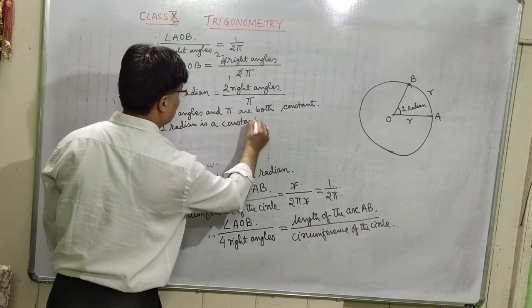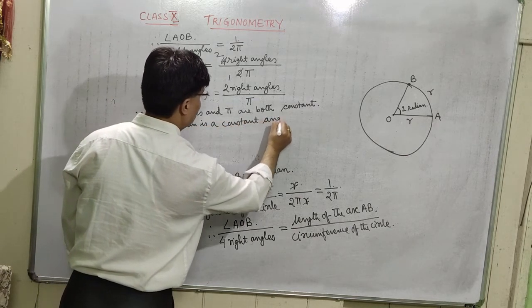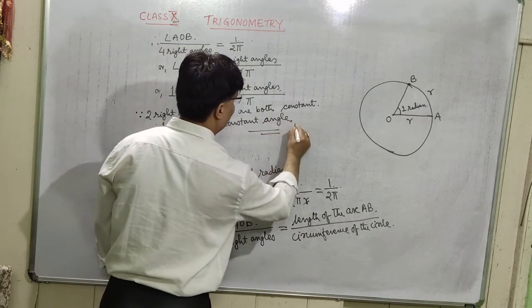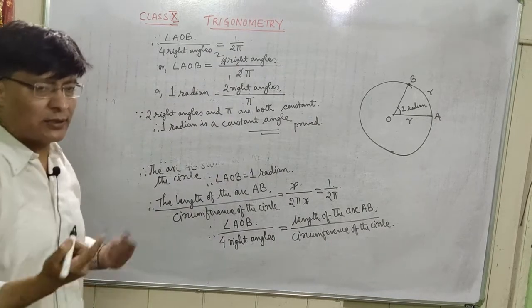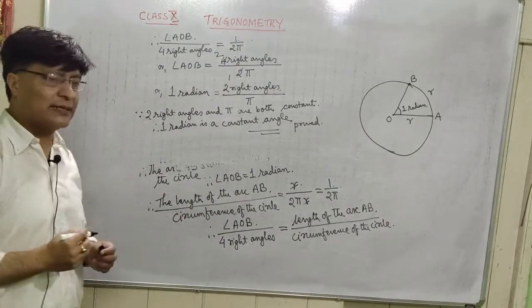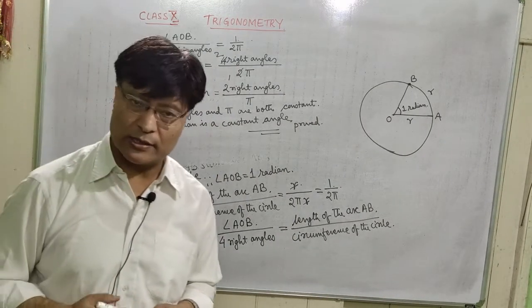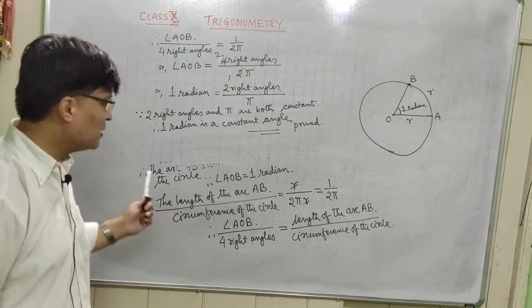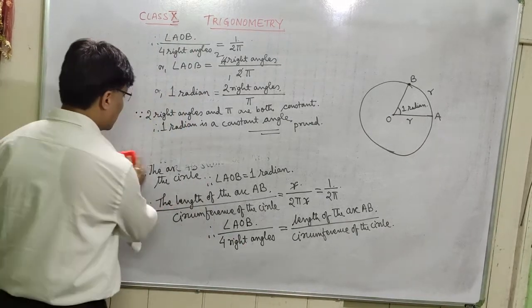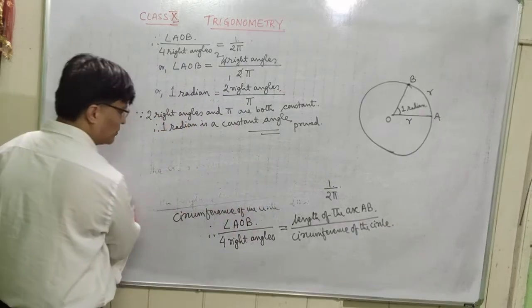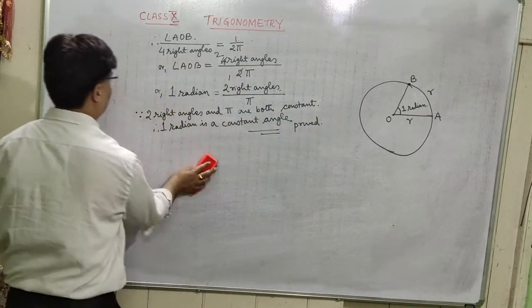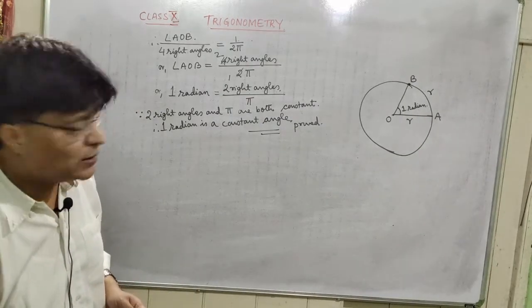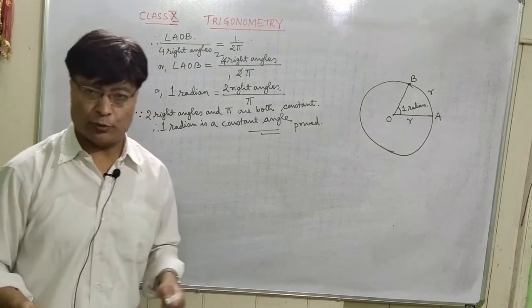So 1 radian is a constant angle. So we have proved it. So I think you have understood it. So hence we have proved that 1 radian is a constant angle. Is that clear to all of you? So this is the answer for the question: Prove that a radian is a constant angle. Okay. So here 1 radian is a constant angle, so it is proved.